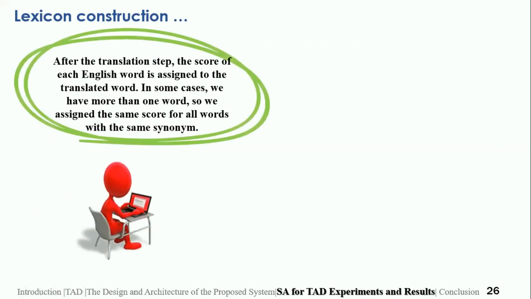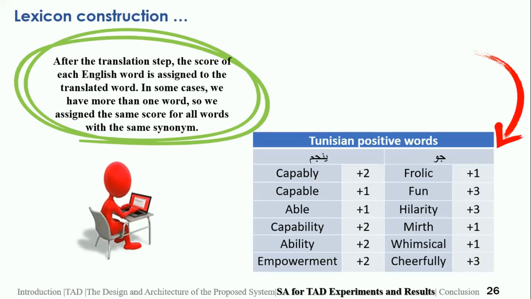After the translation step, the score of each English word is assigned to the translated word. In some cases we have more than one word, so we assign the same score to all words with the same synonyms. For example, the Tunisian word inajam means in English capably, capable, able, capability, ability, empowerment.